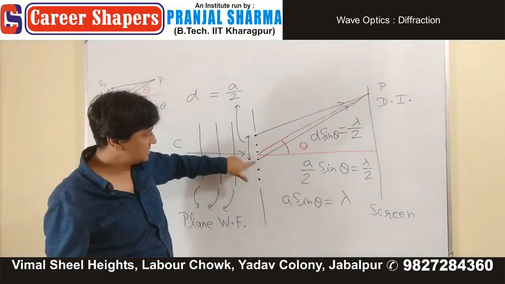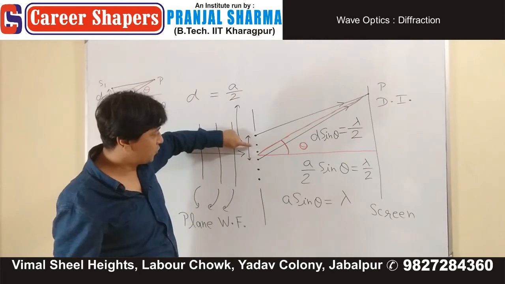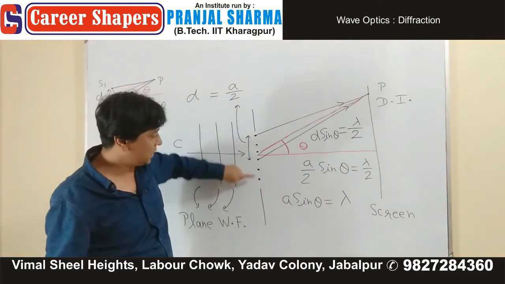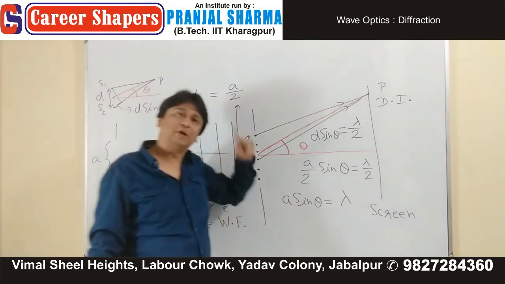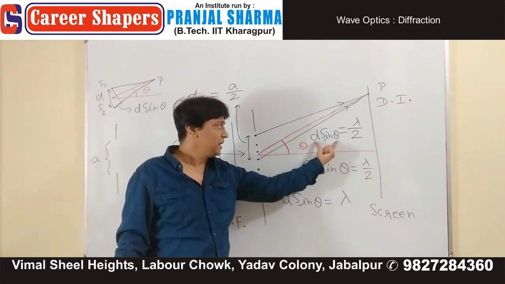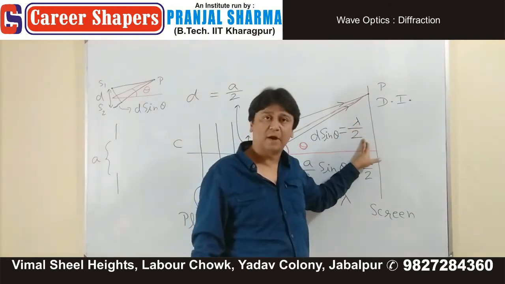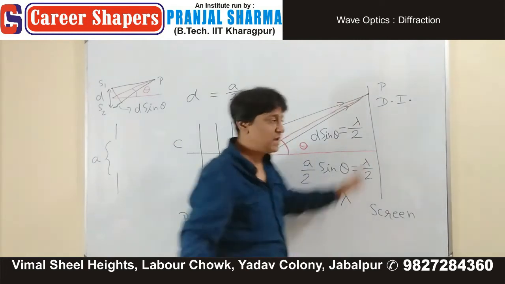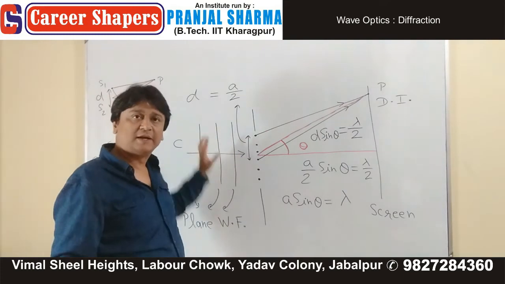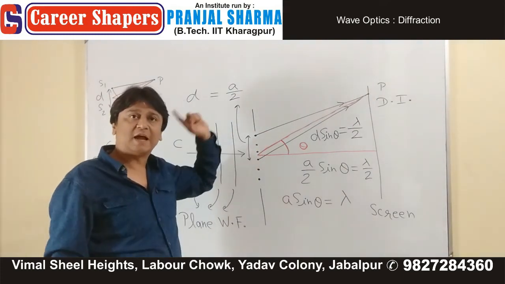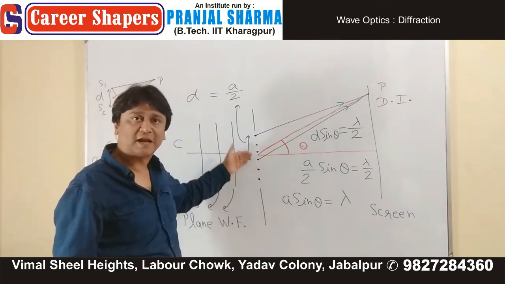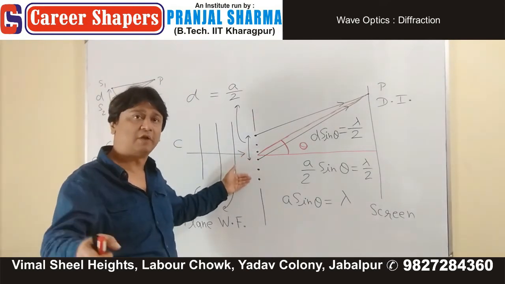This cancels this, and therefore this will cancel this, third will cancel third, fourth will cancel fourth, fifth will cancel fifth. If you maintain d sine theta equals lambda by 2, every secondary source in the upper region has its electric field cancelled by the electric field of the secondary sources present in the lower region.